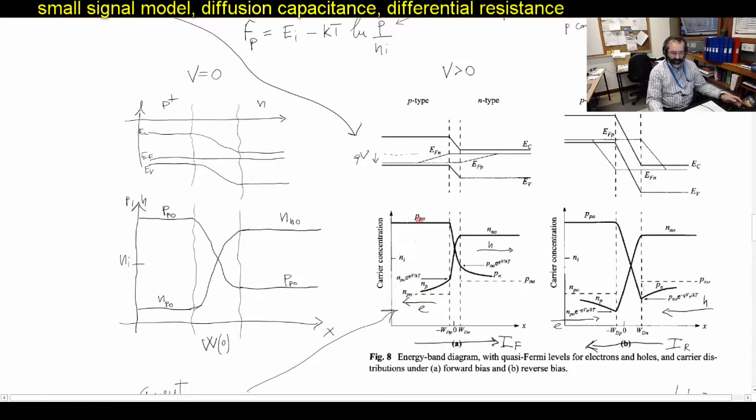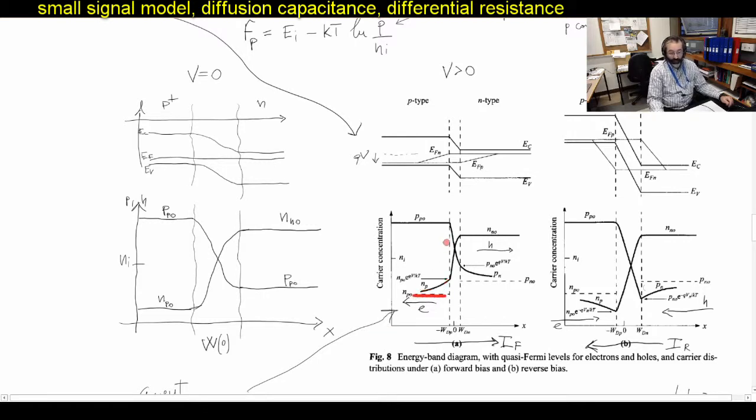On the p side, for example, these are the densities of electrons, the minority carriers, and in forward bias this density can be quite different from the thermodynamic equilibrium value.